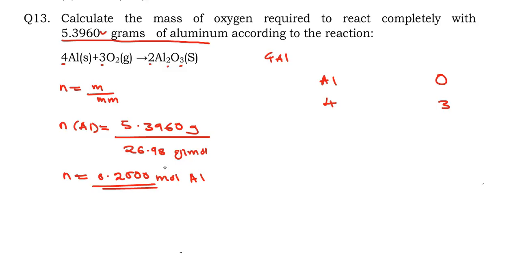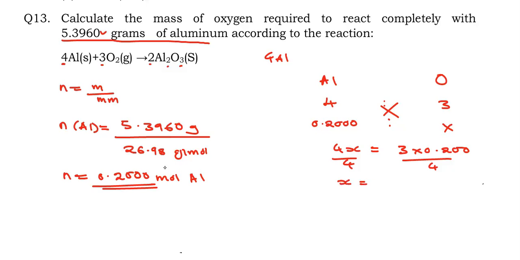This means you can do some mathematical computation. If we have 0.200 of aluminium, what about oxygen? We are going to say x. To find x, which is the number of moles of oxygen, you cross multiply. You say 4x is equal to 3 multiplied by 0.200, and solving for x, we divide by 4 on both sides.